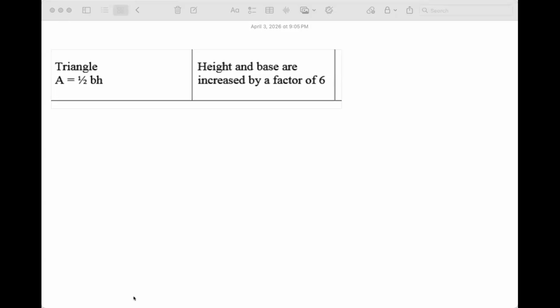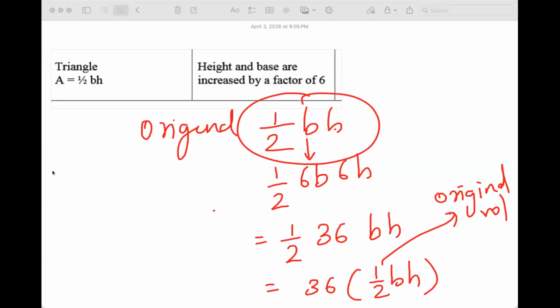Make sense? Miss Priya, I'm confused. No problem. Where are you confused? On the last step, why didn't you combine the whole thing? Please ask again. This is your original. Did you understand that? Yeah. Now in the new, the B became 6 times B, the H became 6 times H, correct?